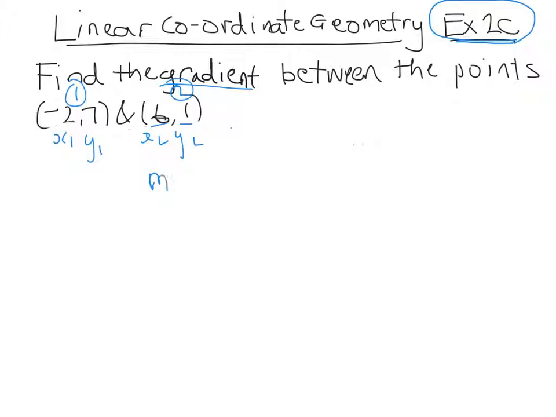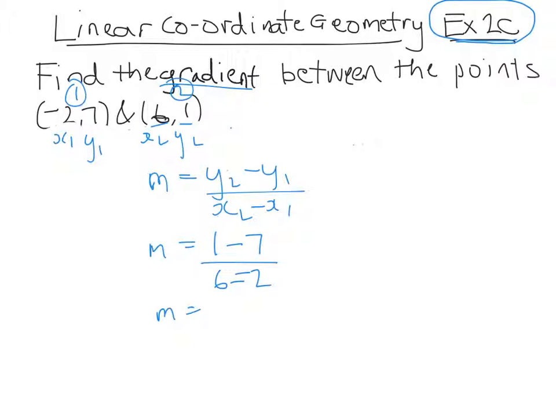So m equals y2 minus y1 over x2 minus x1. We can put that in, so that's 1 minus 7 over 6 minus negative 2. That'll be minus 6 over 8, because minus and minus is a plus, and 6 plus 2 is 8. I can simplify that down to minus 3/4.